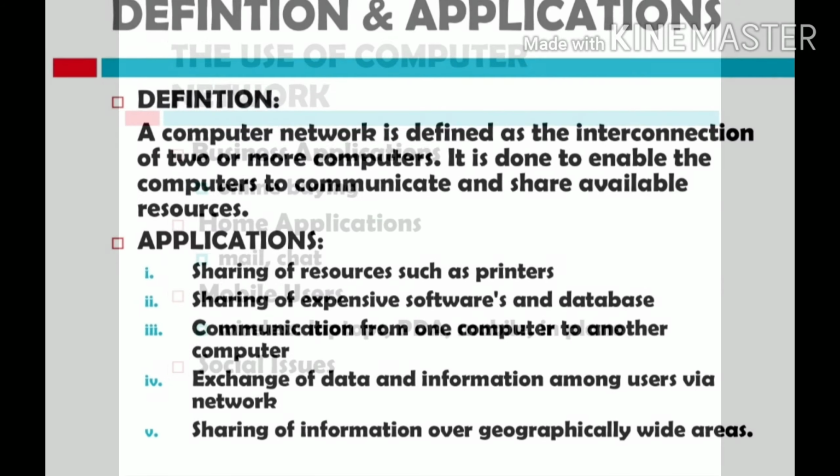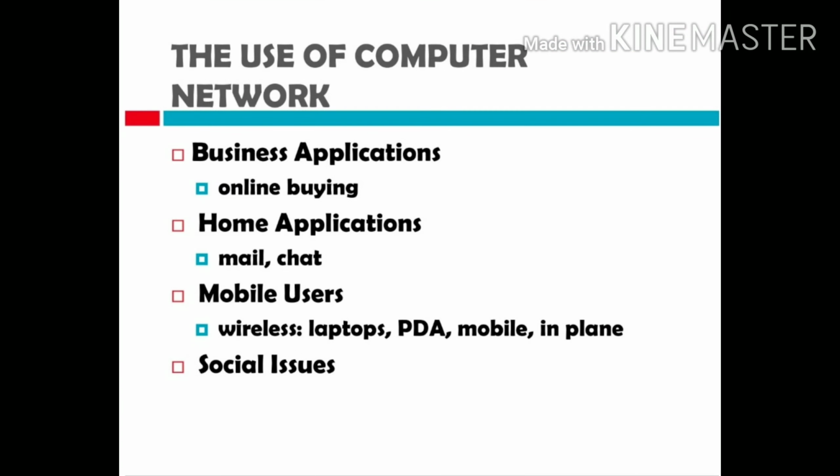Now we have the second slide, which is on the uses of computer networks. Where do we use these networks? Business applications, online buying, home applications, mail and chatting, mobile users, wireless laptops, PDAs and mobile in plane, social issues.